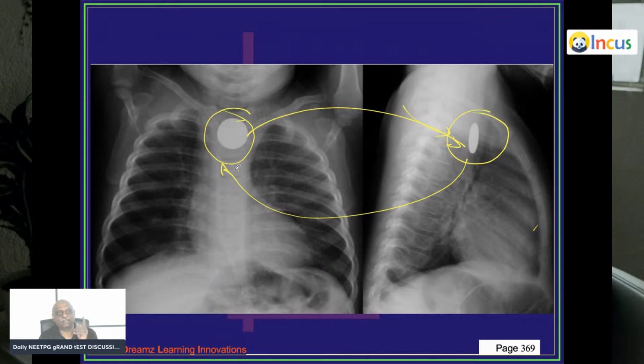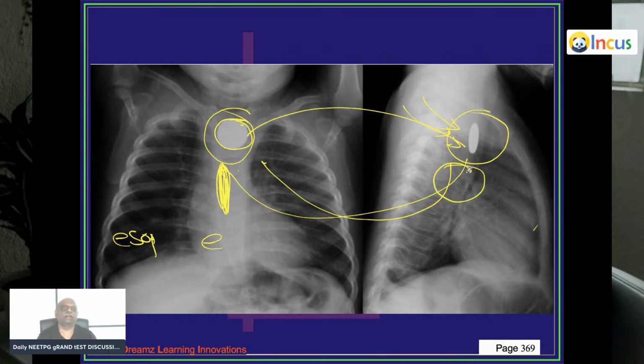If the full coin is shown in the AP view and the edge in the lateral view, then this is esophagus. Correct? But if it is trachea, then it is seen the opposite way.